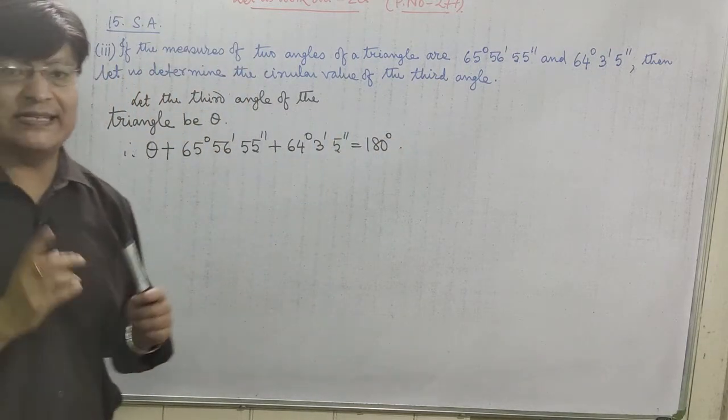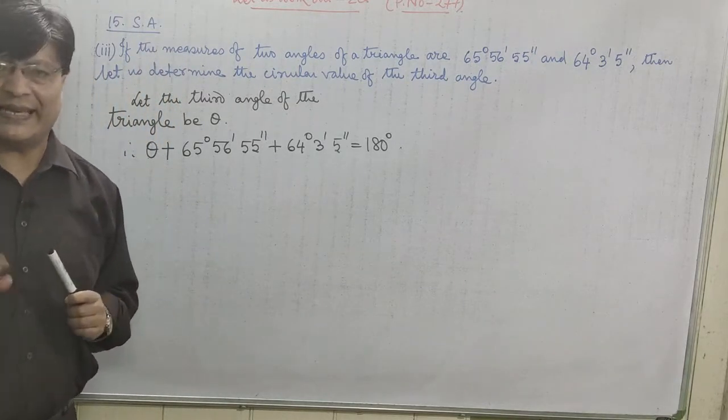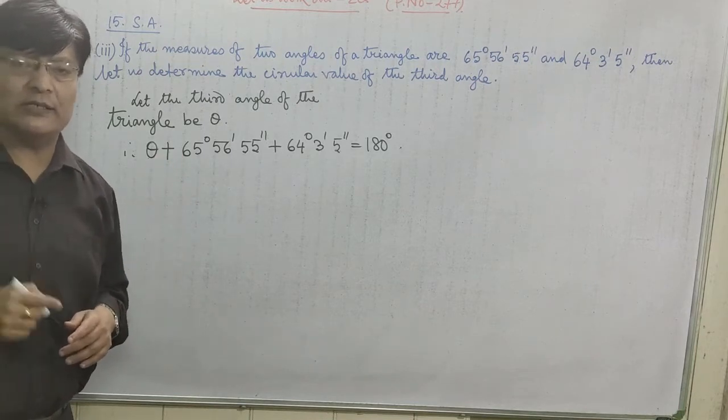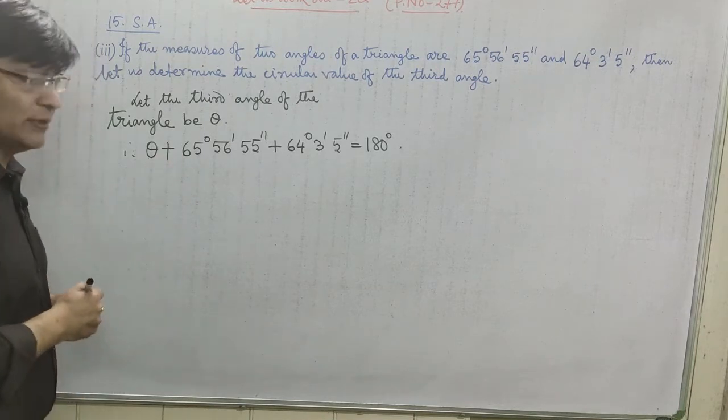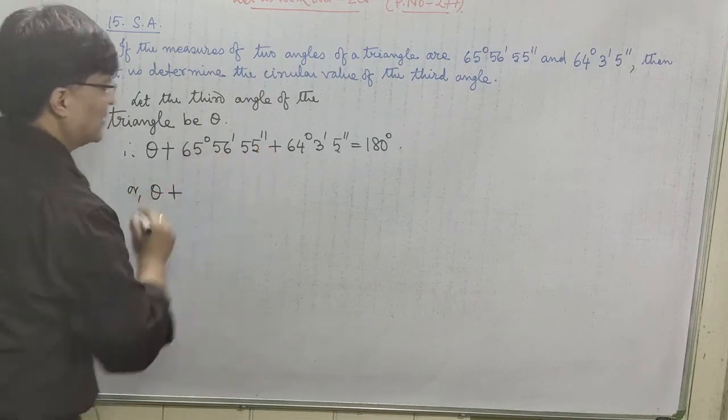You know this formula, isn't it? You have done this theorem in class 8, I think. That is, the sum of the three angles of a triangle is equal to 180 degrees. Okay, so theta plus, let us add them.